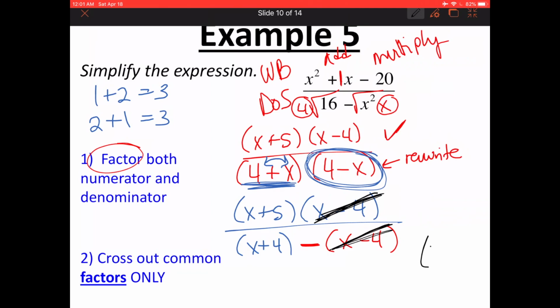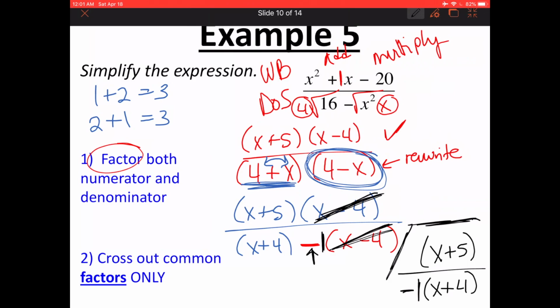So my final answer would be x plus 5 over x plus 4. And notice I have an invisible -1. So I'm going to put the -1 out in front. Okay, guys? So here at the bottom, we have what would be my final answer for this simplified expression.